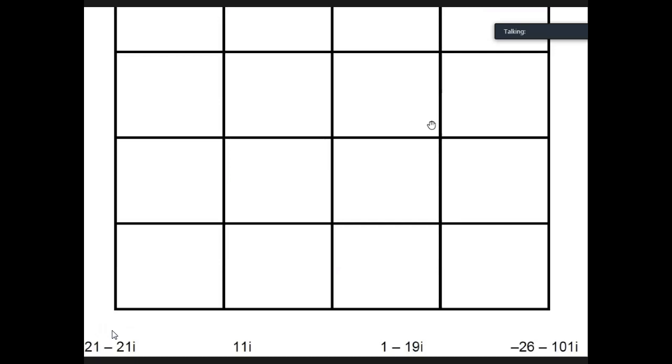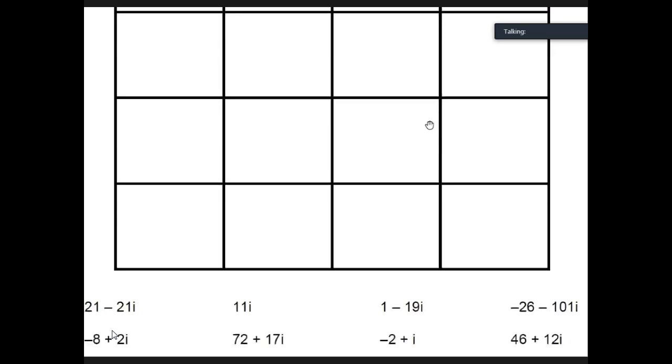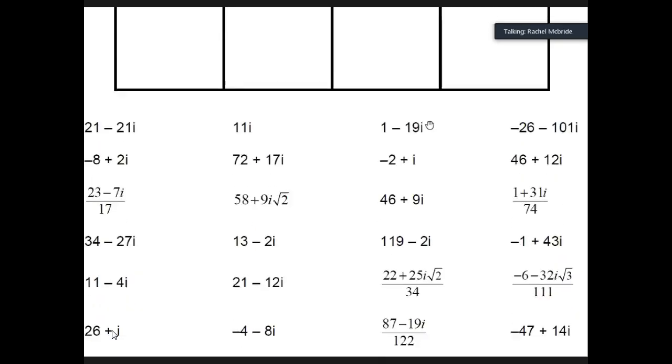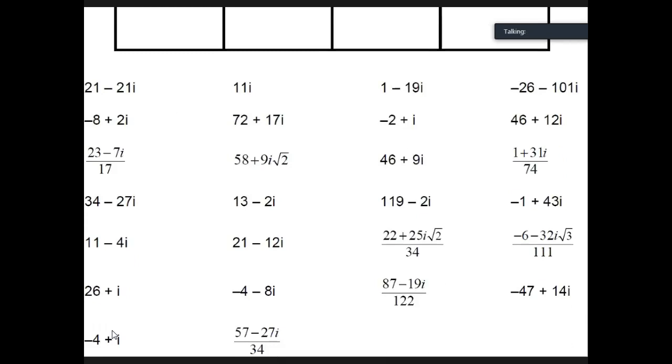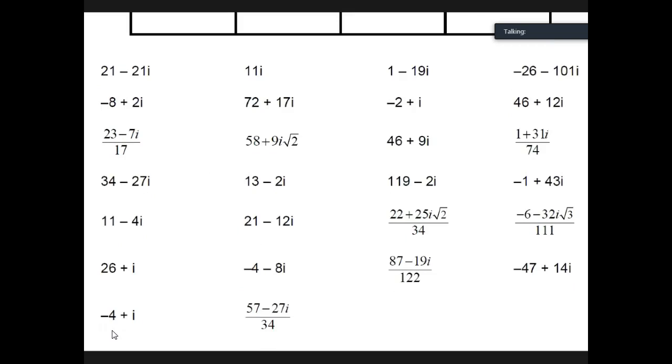Okay, so remember, a bingo board looks like this. It's a 5 by 5. That is a 4 by 4. Don't look at that. Make it 5 by 5.